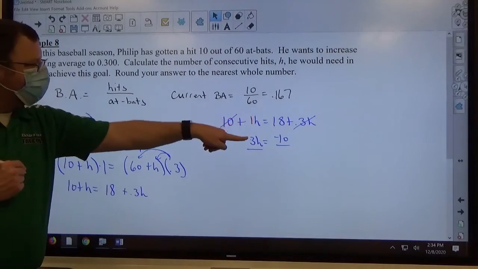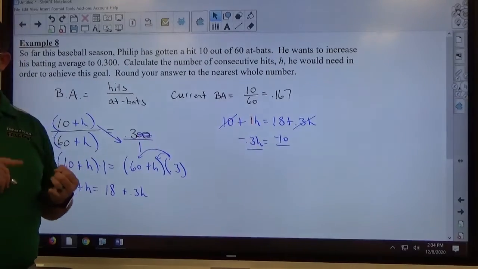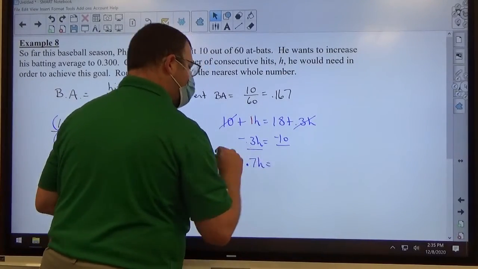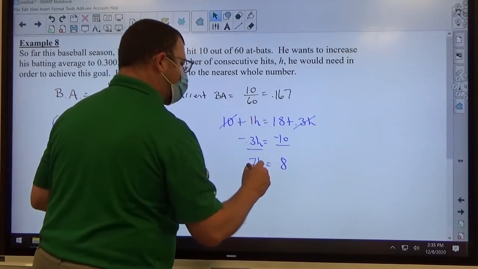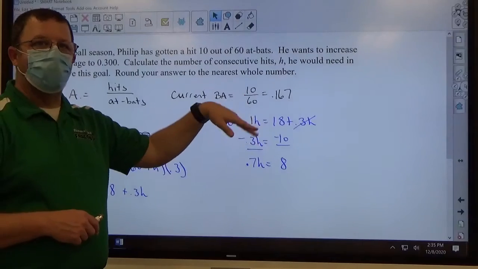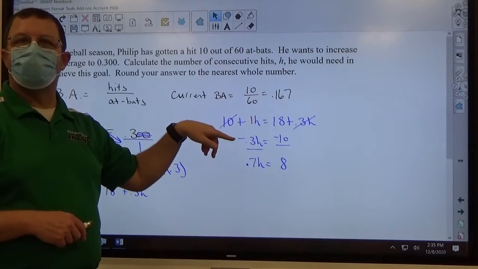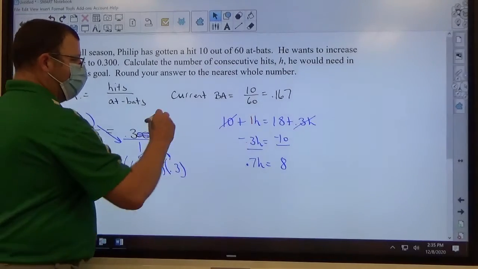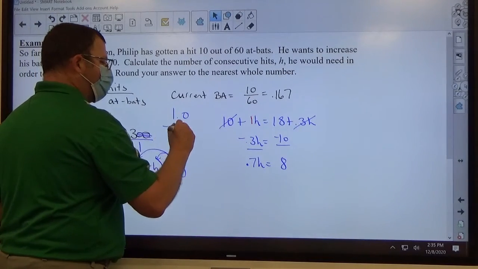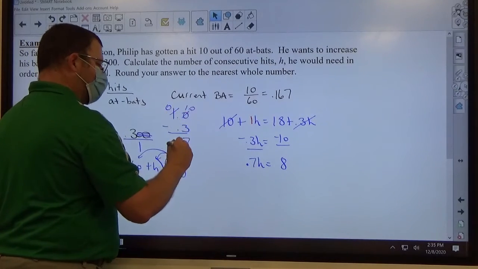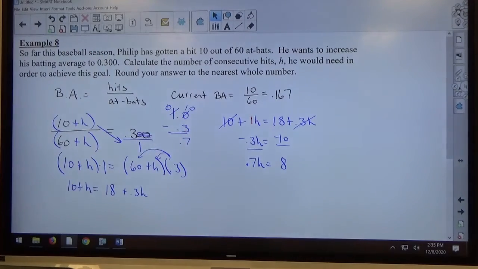When I'm doing 1H minus 0.3H, I'm doing 1 minus 0.3, which is 0.7H. 18 minus 10 is equal to 8. I've seen people do weird things with that, like they'll just make the H's go away or something. They don't know how to deal with it. But again, whole number 1 minus decimal 0.3, that's 1.0 minus 0.3. 10 minus 3 is 7, bring the decimal down, that's why it's 0.7H.